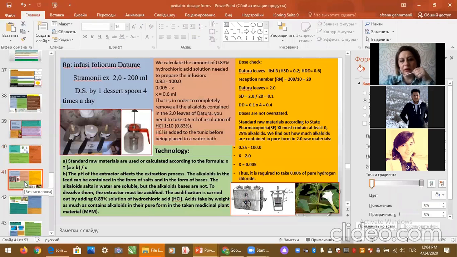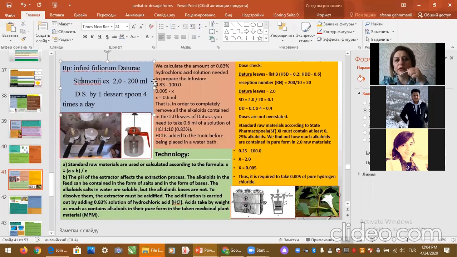Our next prescription is about infusion too, because for children we commonly use these dosage forms. Infusi foliorum daturi stramonii 2 gram to 200 ml, 1 dessert spoon 4 times a day. Mustafa, I every time remember only Mustafa when I speak about calculation and writing of prescription, because every time Mustafa writes on our blackboard.